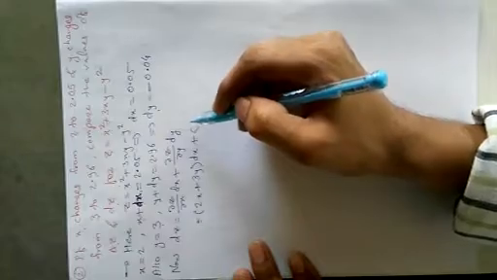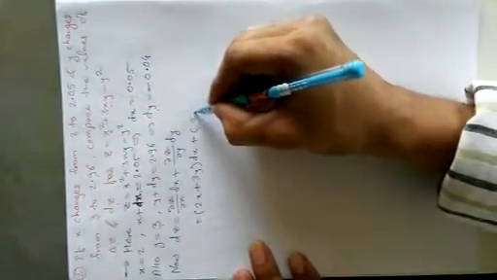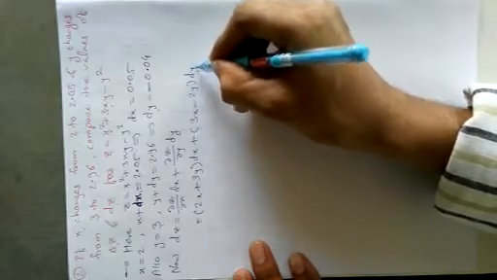Next, del z by del y. With respect to y, derivative of x square is 0. Here 3x minus 2y into dy.